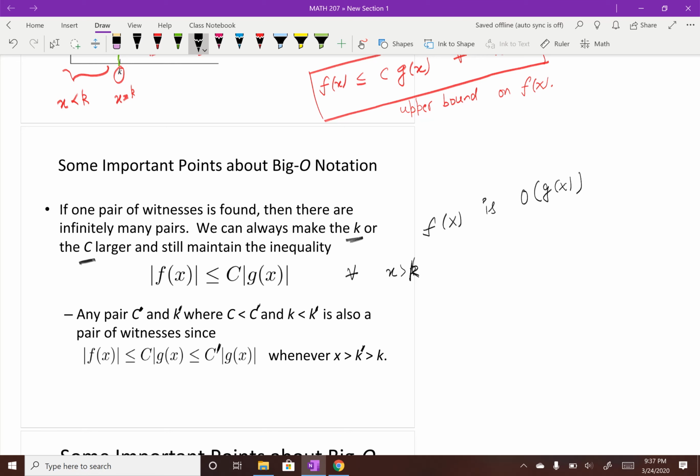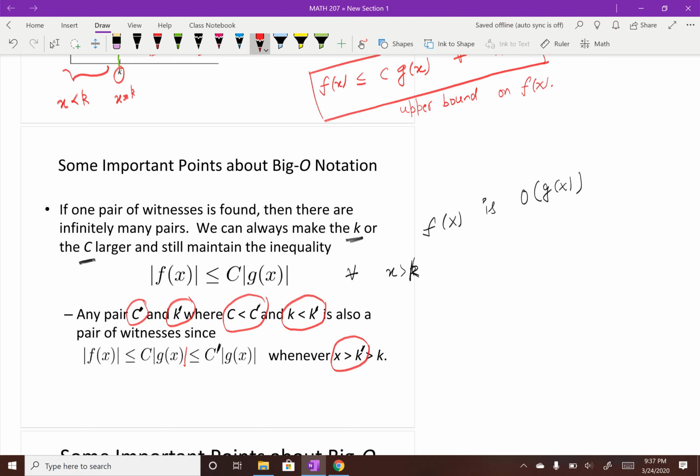And whenever such witnesses c and k are possible, you can choose another pair of witnesses c prime and k prime such that c prime is going to be greater than c and k prime is also going to be greater than k. And then again this inequality holds: if f of x is less than or equal to c times g of x, then with respect to those two new witnesses, c times g of x is also going to be less than or equal to c prime times the absolute value of g of x, whenever x is greater than the new witness value k prime.